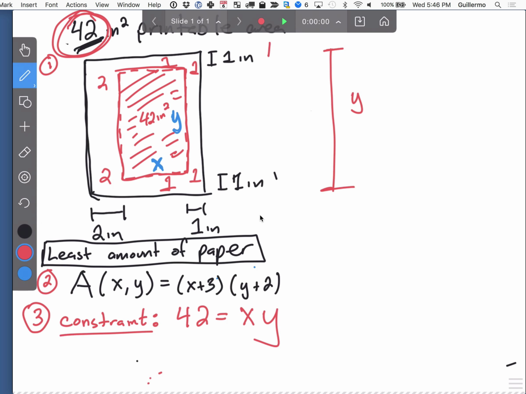If we would have labeled it the other way, then, I don't know if this confuses more or less, but the 42 in this case would be x minus 3 times y minus 2. Does that make sense? That's what it would have looked like.